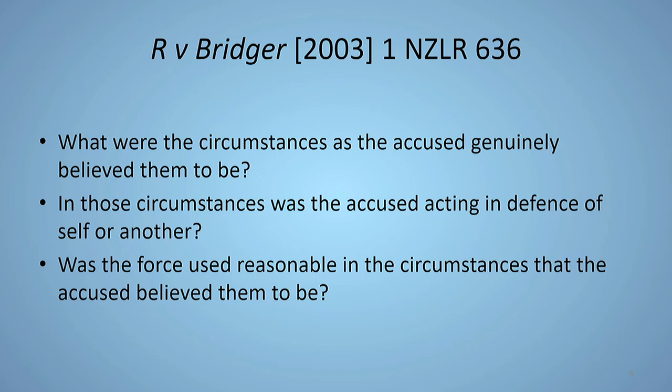So the objective brings in a moderating influence to make sure that whatever you thought the circumstances were, which is your own honest assessment of them, the force used was considered reasonable, objectively, in those circumstances. The reason that's super important is because self-defence results in a complete acquittal. It turns what would be a criminal act into something that we say is justified. Remember I started the lecture by going through that conceptual question: is it a justification, is it an excuse?